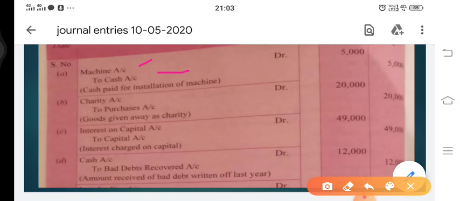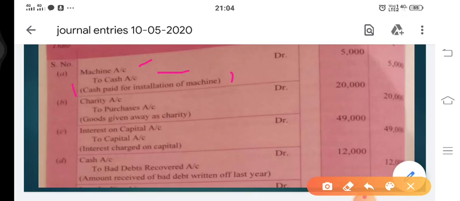Although it is not given here what the purchase value of the machine is, we have ignored that. We do not know the purchase value of the machine, so we directly started from the installation of the machine. And the next is the narration, written in brackets: cash paid for installation of machine.